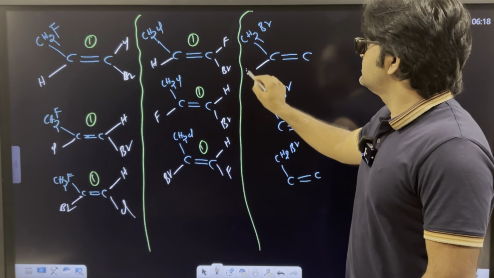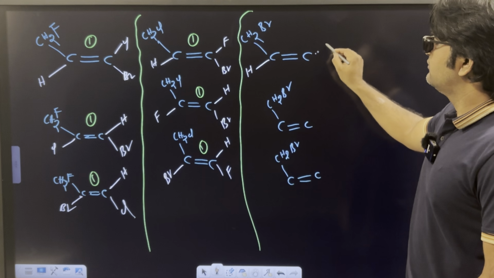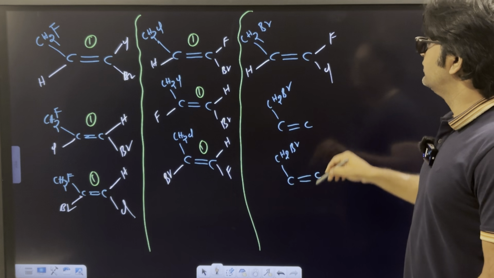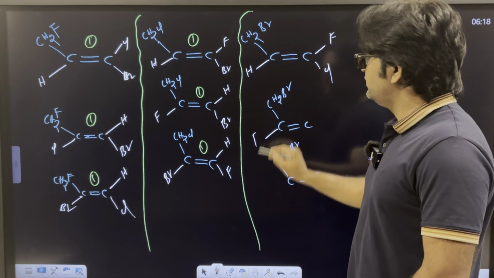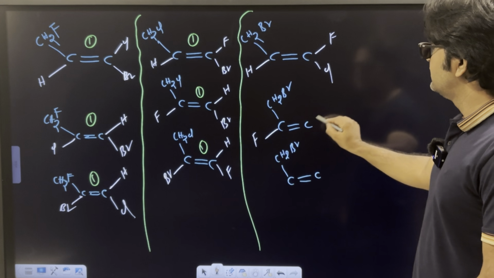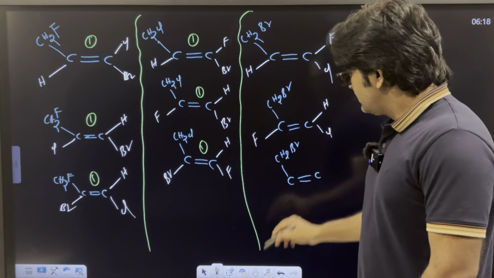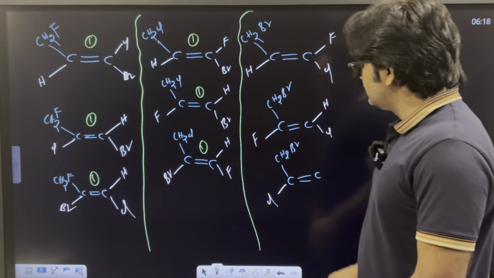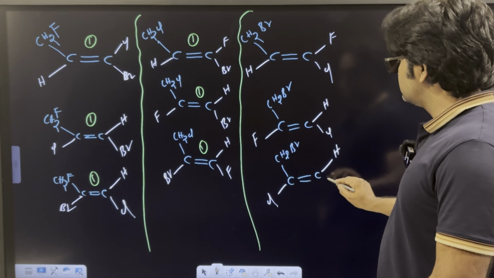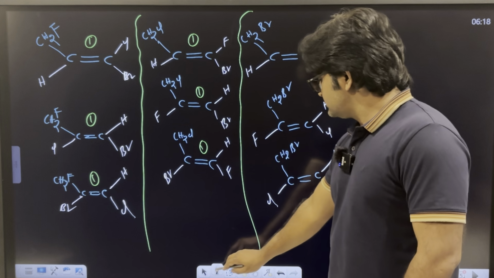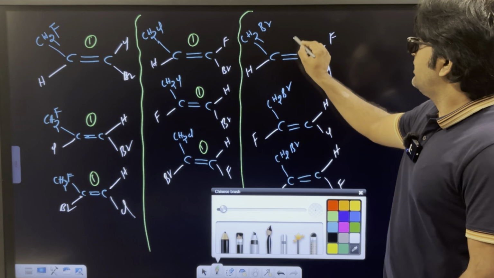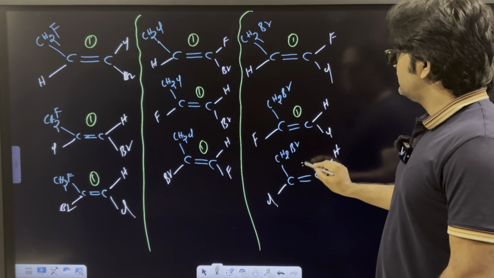Here I am taking hydrogen, next one fluorine and chlorine. If fluorine is connected to this carbon atom, the remaining hydrogen and chlorine appear on this carbon. If you are taking chlorine, then here hydrogen and fluorine. These are the three possibilities. I am taking 1, 1 and 1.